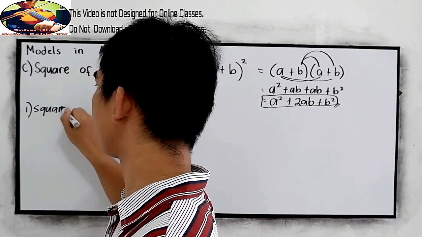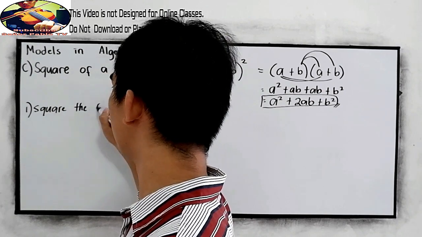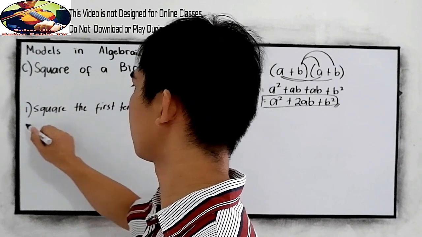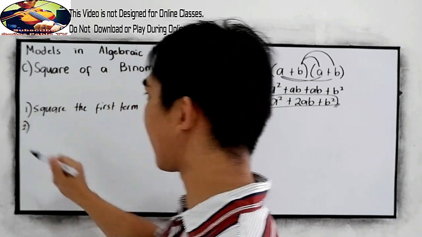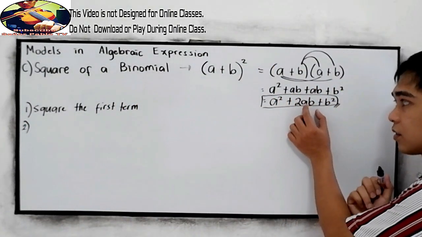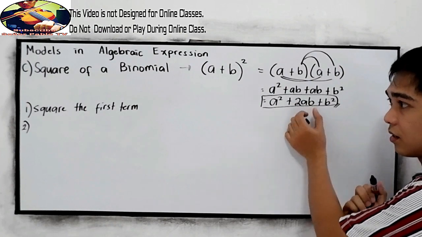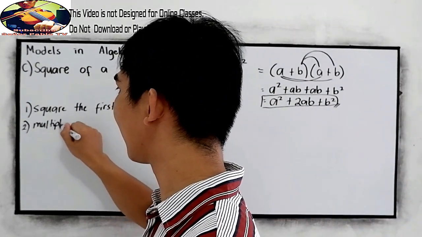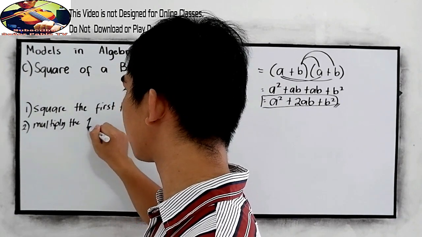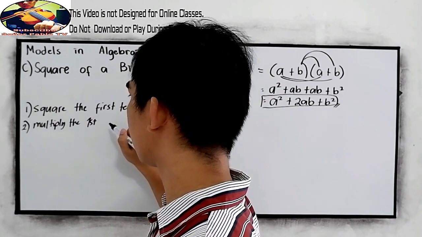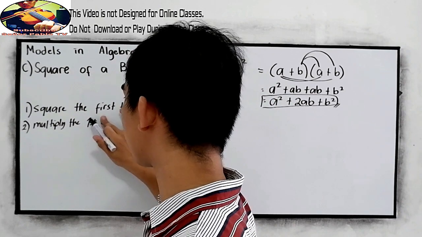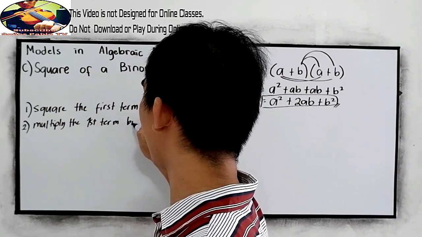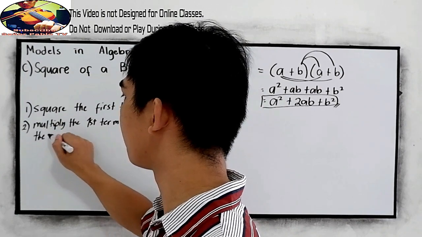Second, we multiply the first term by the second term.